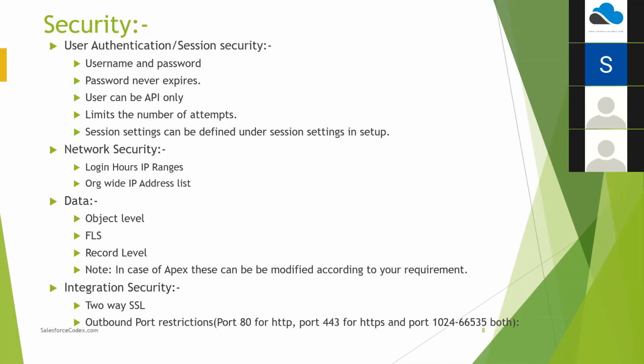You make a particular object secure by giving only read access, not write access, or only the view all access, not the modify all access. These are the mechanisms of data security, so that anybody cannot come and update a particular object's details. Coming to the integration security.